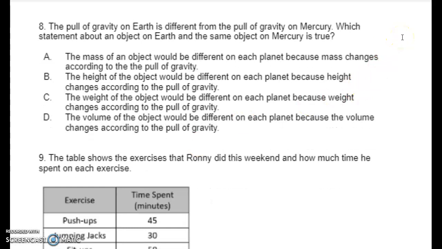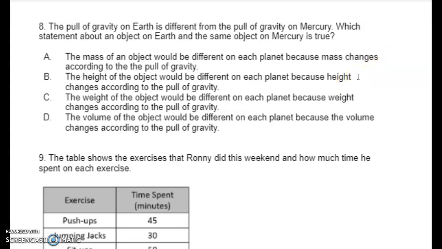Number 8. The pull of gravity on Earth is different from the pull of gravity on Mercury. Which statement about an object on Earth and the same object on Mercury is true? A. The mass of the object would be different on each planet because mass changes according to the pull of gravity.